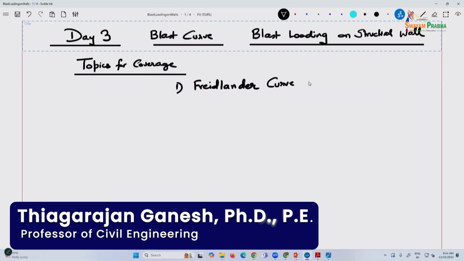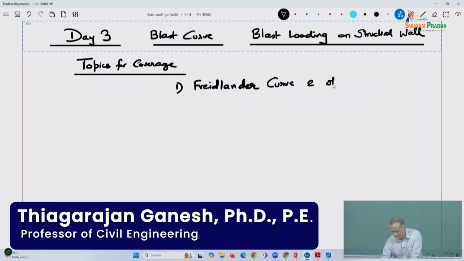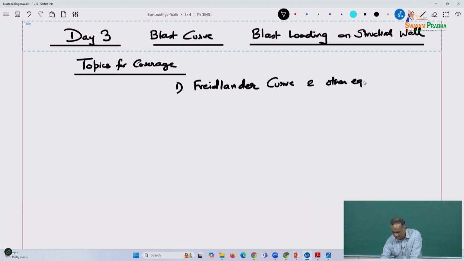The one you saw yesterday, the blast curves, the Friedlander curve and other equations. This is for blast loading. I'll give you some examples. I thought of maybe making a tutorial on it, but I think we can skip that. You can do it on your own time.